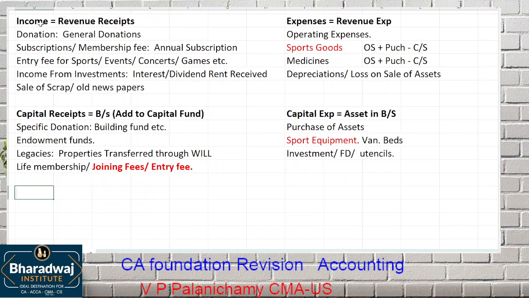All the incomes and expenses are recognized on what basis? Accrual basis.